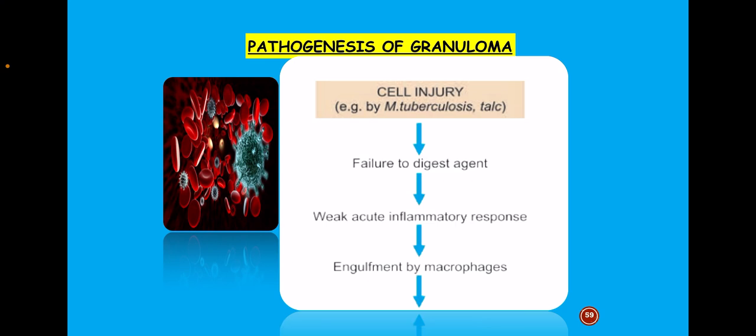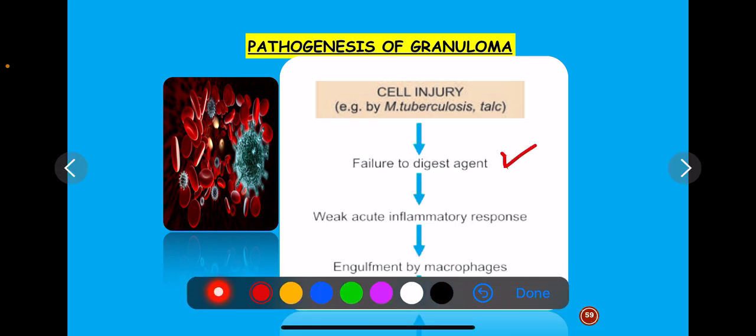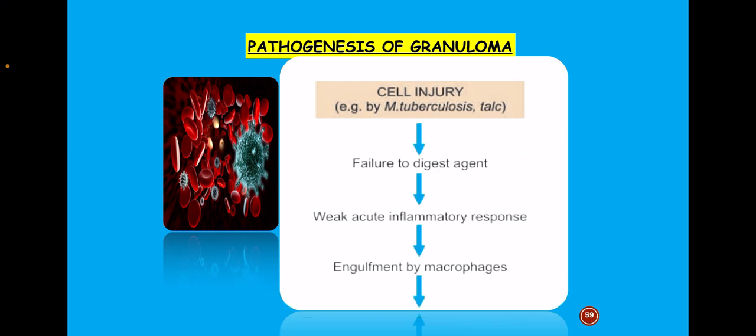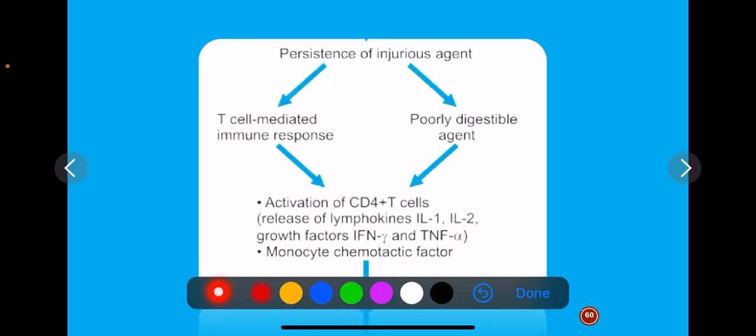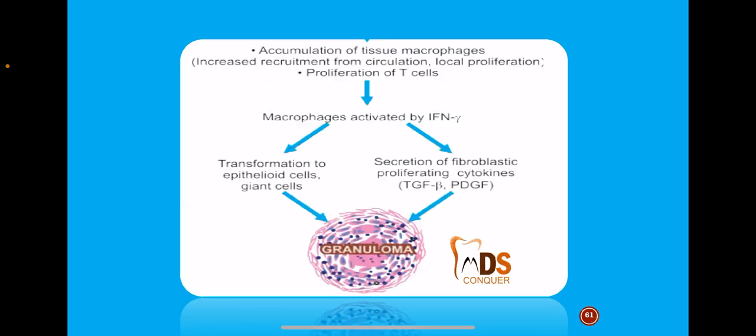So what is the pathogenesis of granuloma? There will be a failure to digest the agent and a weak acute inflammatory response which causes engulfment by the macrophages. Later, persistence of the injuring agent, either a T cell mediated response or a poorly digestible agent. Then there will be activation of the CD4 plus T cells, and the monocyte chemotactic factor.